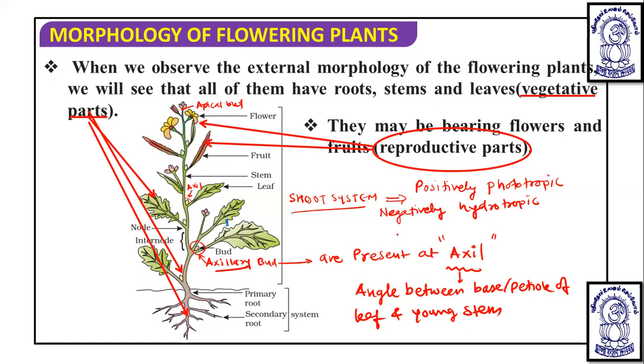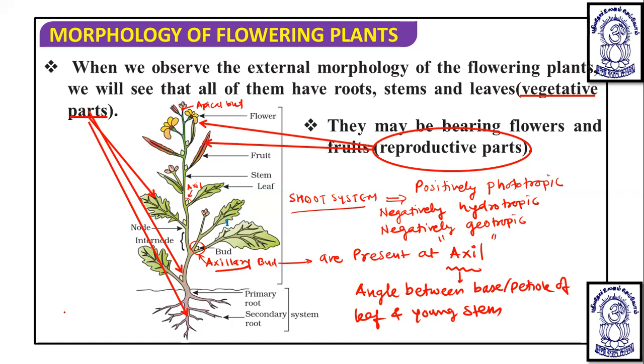Positively phototropic means it is going towards the light. Negatively hydrotropic means water is present at the base, so it grows opposite to the water. And it is also negatively geotropic because it is growing opposite to gravity.